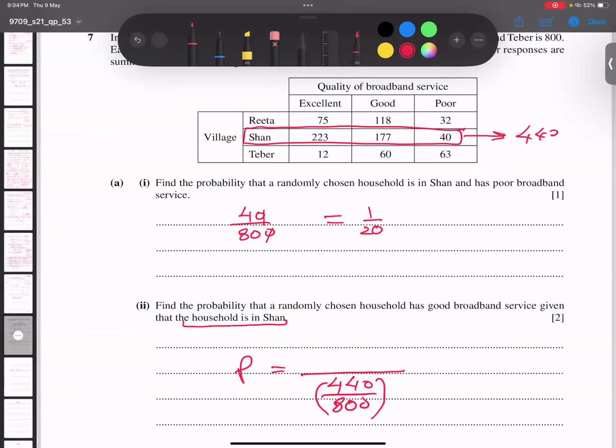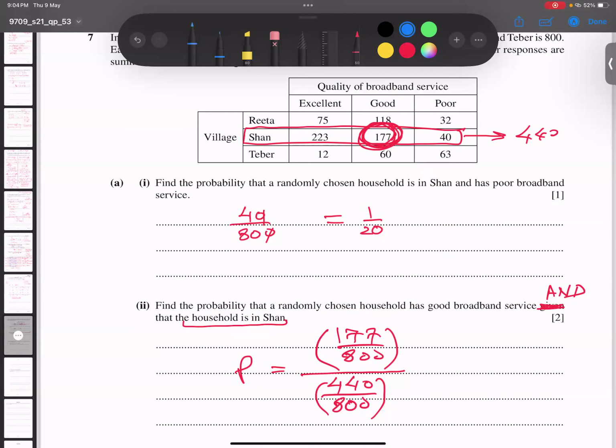Very clear. And now I'm reading all together by removing the word given and writing the word and. So household has good broadband and is in Shan. I repeat, good broadband and Shan. So good broadband is where? If we go down, this is a common portion. So 177 will come here out of 800.